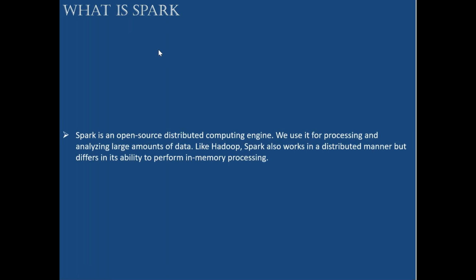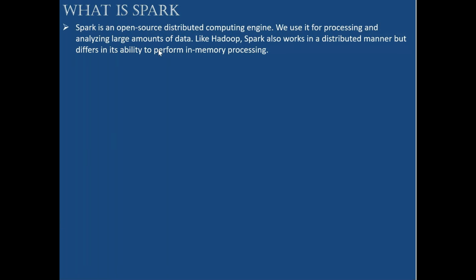Now, what is Spark? You know, right? We already discussed a little bit yesterday about PySpark, DataFrame, RDD, and Dataset, but that was with a very simple example. Let's start with the very technical terms from today. Spark is an open source distributed computing engine. What is meant by open source?